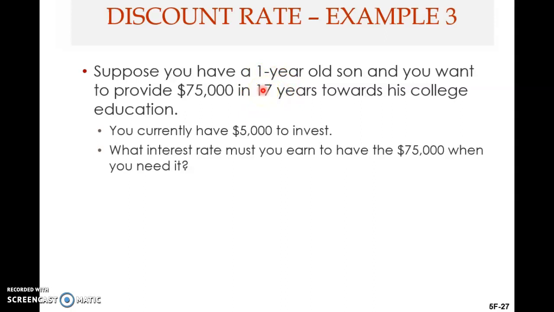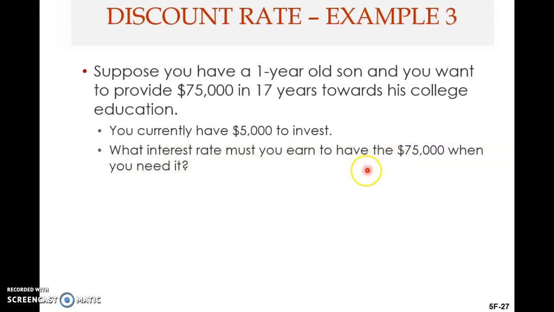Now, what is the third known element? It's not given in the question, but it's given here: you have $5,000 to invest. That is the present value now. So the unknown element here, the fourth element, is the interest rate you earn.